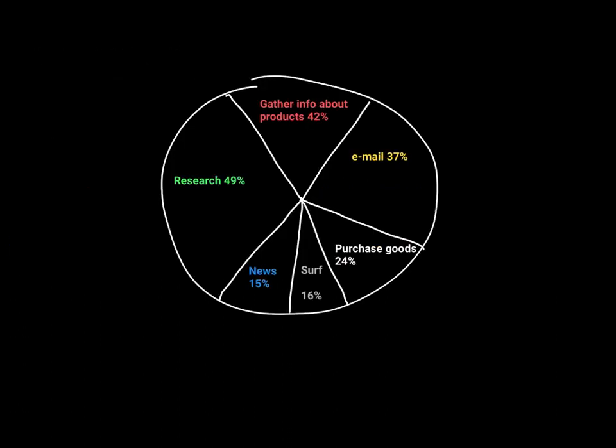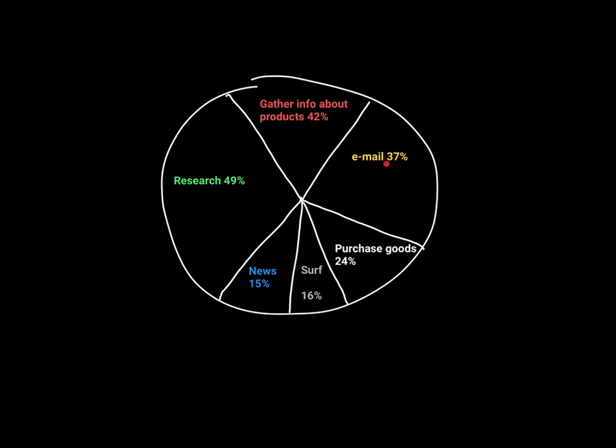Also, graphs could be very misleading in statistics. There are many examples, but here's one. This is a circle graph giving the top 6 reasons why Americans say they use the internet.